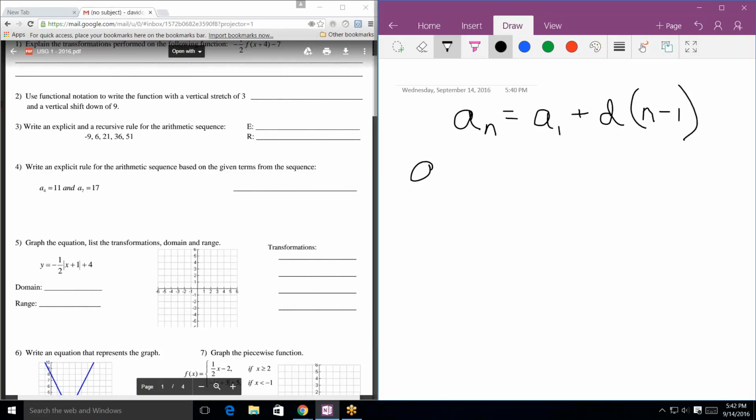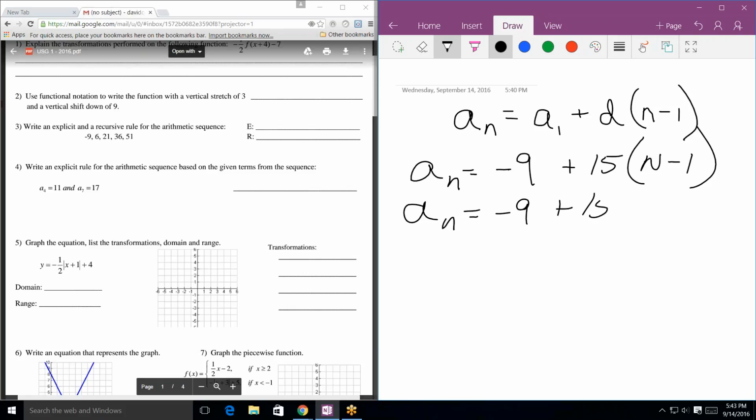Well, specifically, the explicit would be minus 9 plus 15 times n minus 1. And that can be simplified so that a sub n is equal to minus 9 plus 15n minus 15, or minus 24 plus 15n.